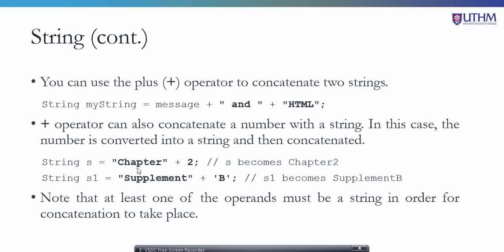Instead of writing "Chapter " with double quotation 2, we can also put Chapter plus 2. So it will print out Chapter 2. This time it will not print out the decimal value of 2, as it would with char.